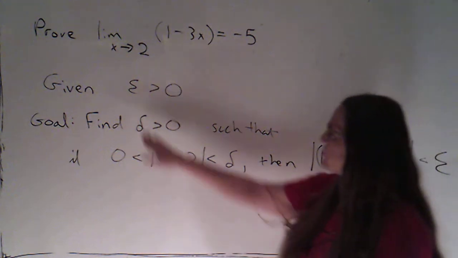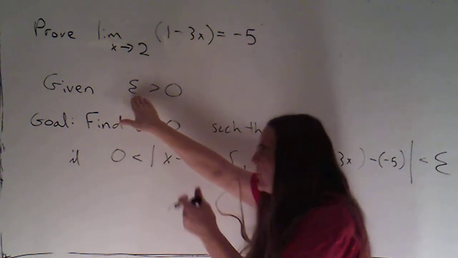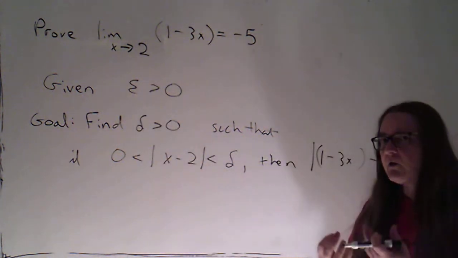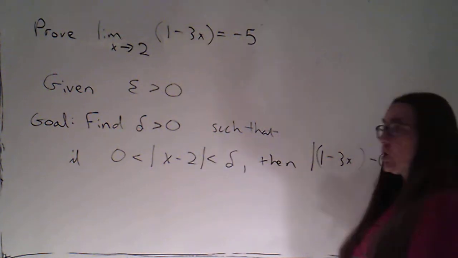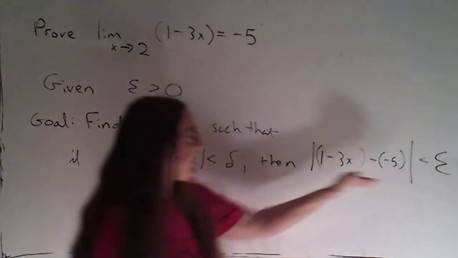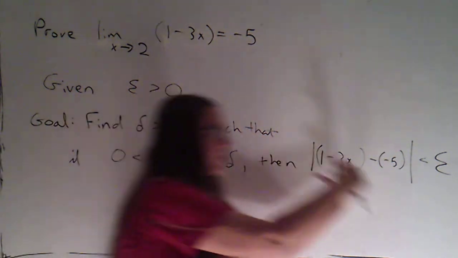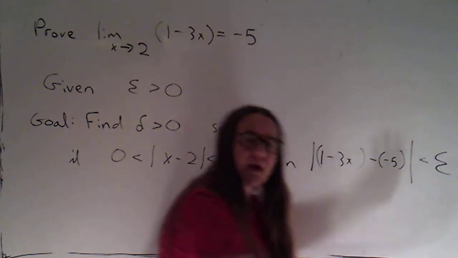We're going to have to just describe it in terms of this other number, which isn't specified. All we know about epsilon is that it's positive. We're going to have to somehow describe delta in terms of epsilon and then demonstrate that it works, going this way. If-then statements have a direction. You start with the if part, and you show that the conclusion, the then part, must be true.